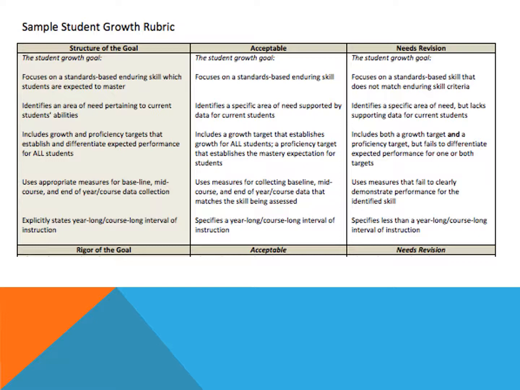It also examines the rigor of the goal and sources and kinds of evidence. And they give you criteria for it, if it's acceptable or if it needs revision. And finally, the comparability of data and evidence of student learning or student growth. And they give you criteria to reflect if yours is acceptable or if it needs revision.